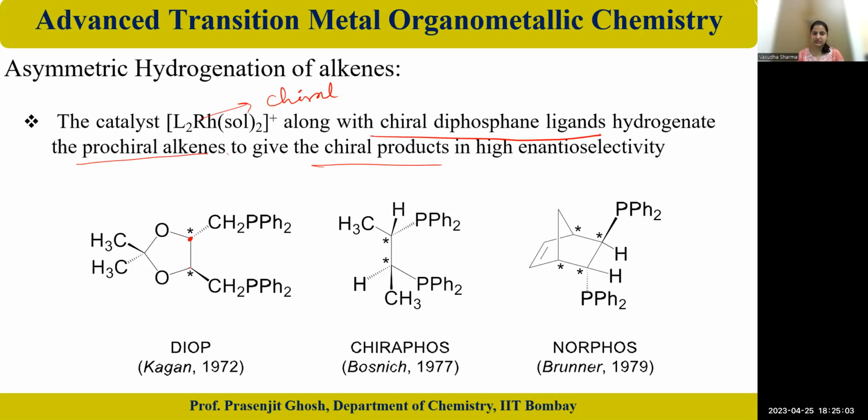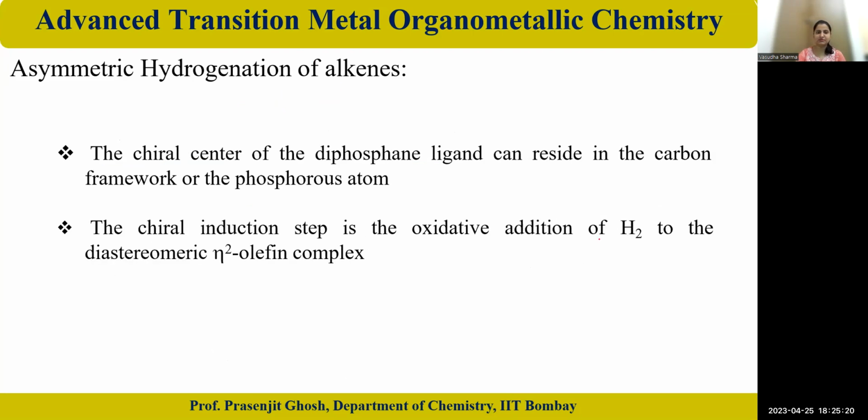So these 2 centers are chiral. When phosphine coordinates with the rhodium, the chirality will get employed. Similarly, this is another, chirophos, and this is norphos, where it has 2 chiral centers here and 2 here. So these are some examples.